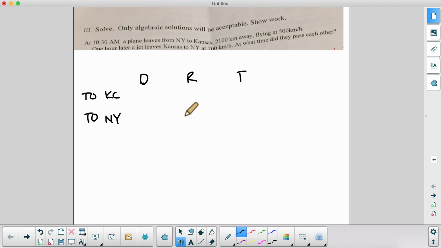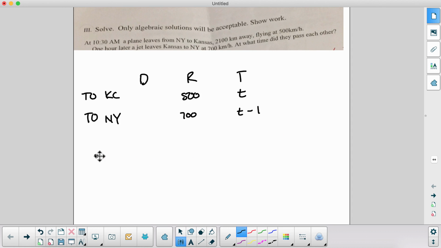Okay, so the rate of the plane flying to Kansas City is 500 kilometers per hour, and we'll call the time T. Okay, and then the rate of the plane flying to New York is 700 kilometers per hour. And since it left an hour later, its time is going to be T minus 1.